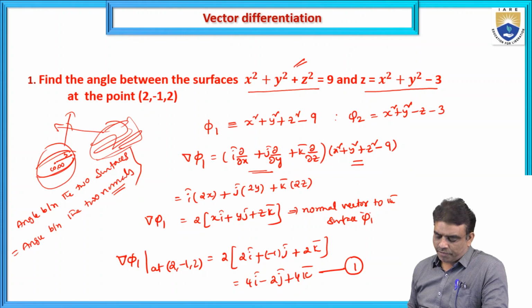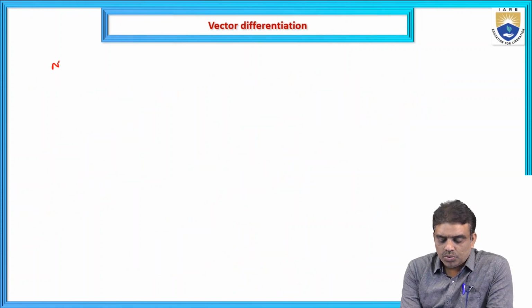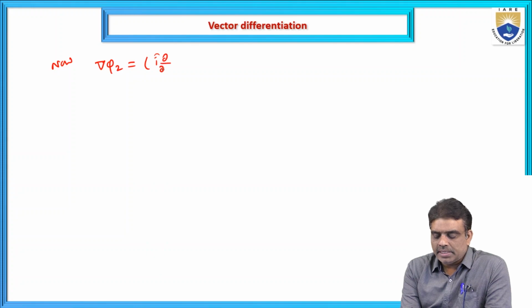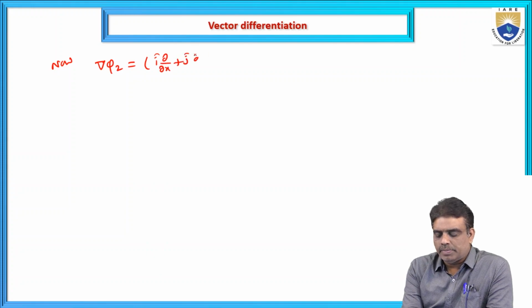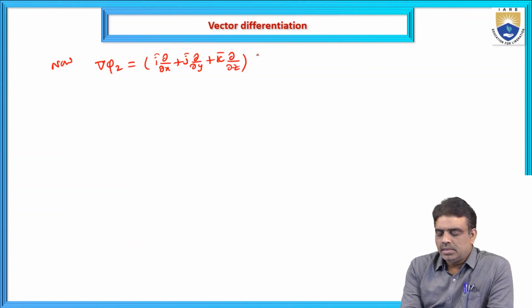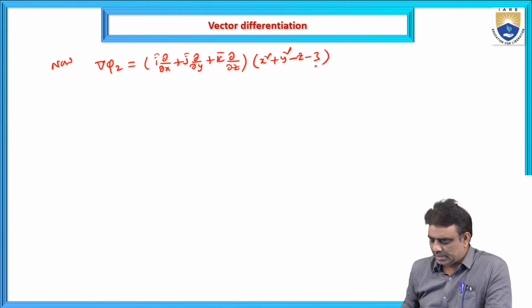Similarly, find grad phi 2. Gradient phi 2 is the normal vector to the second surface. Gradient del means i bar dou by dou x plus j bar dou by dou y plus k bar dou by dou z of the function x square plus y square minus z minus 3.